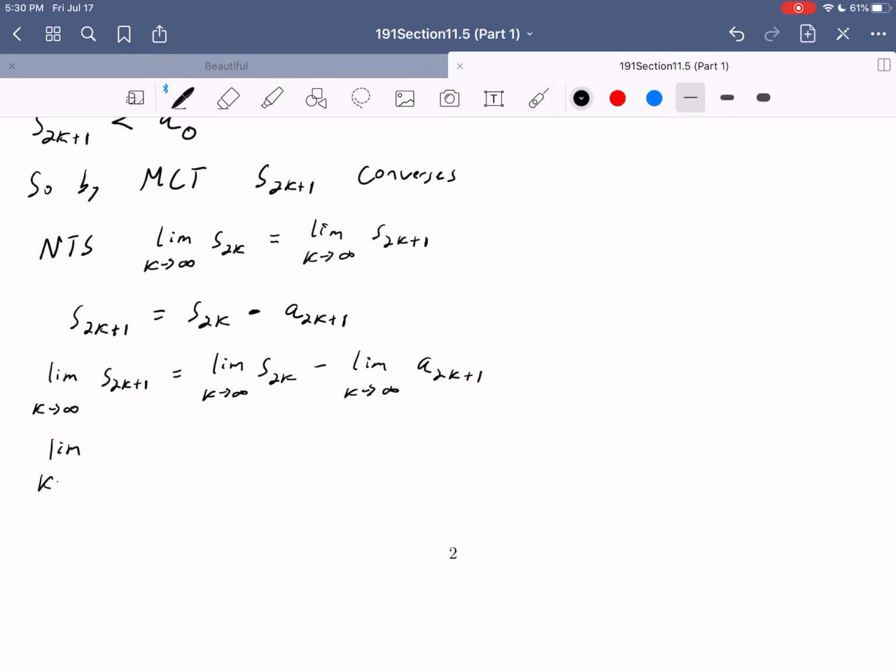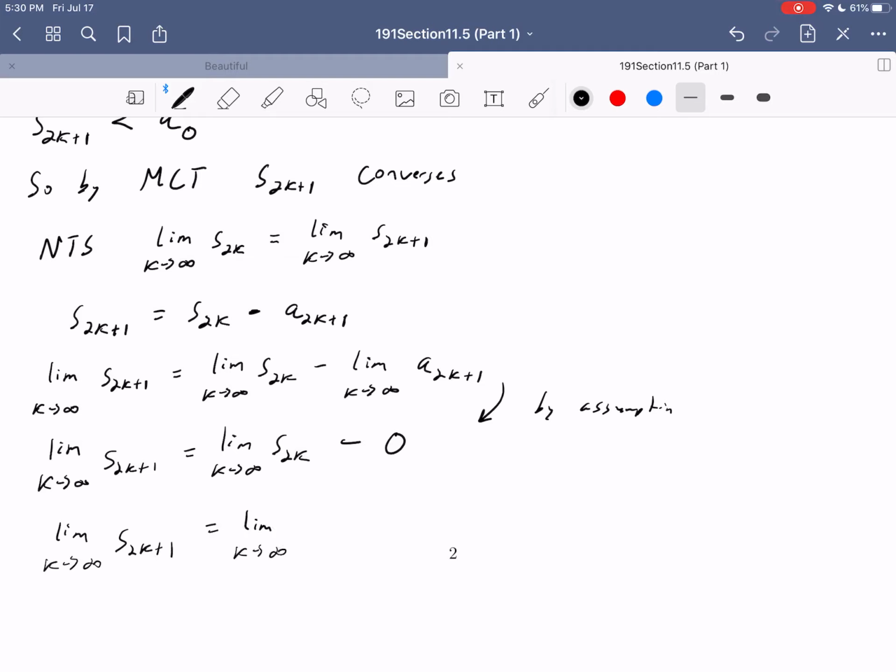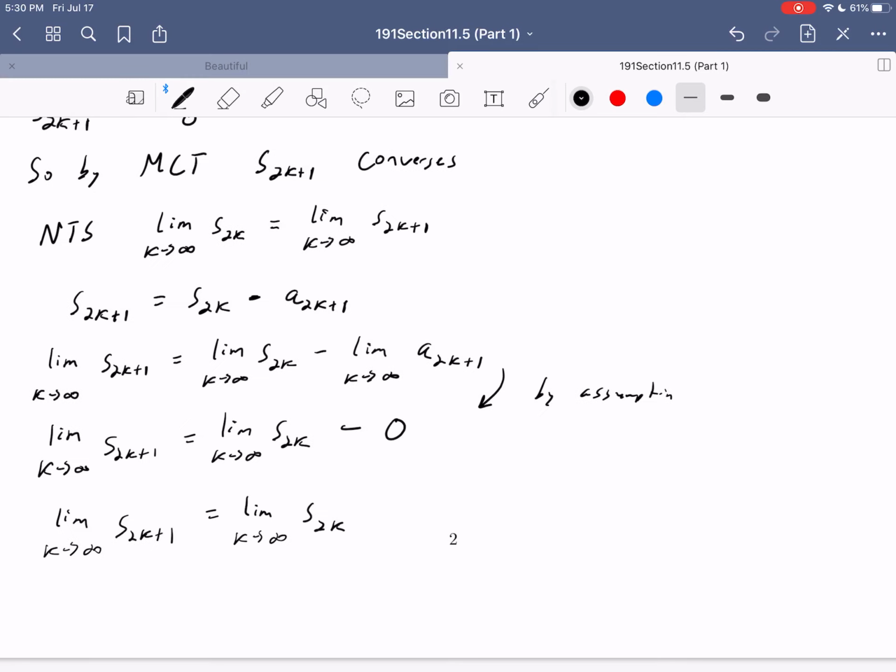So we get the limit as k goes to infinity of S sub 2k plus 1 is the limit as k goes to infinity of S sub 2k minus 0 by our assumption. And that gives us the limit as k goes to infinity of S sub 2k plus 1 is the limit as k goes to infinity of S sub 2k.